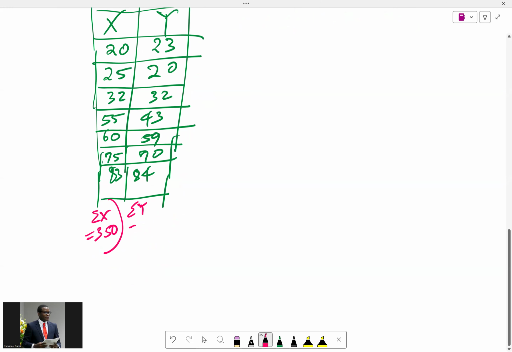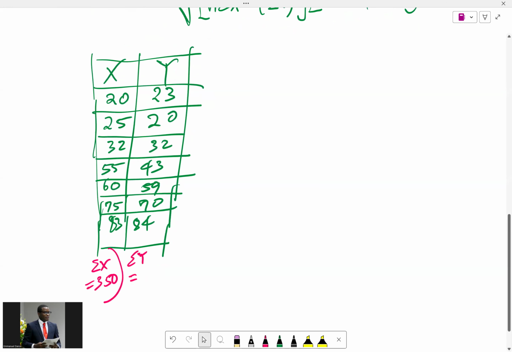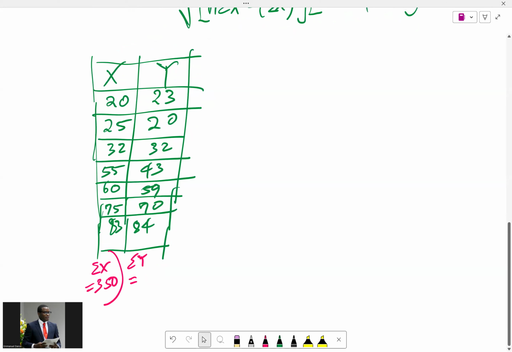Then summation y now, we need that too. That is 23 plus 20 plus 32 plus 43 plus 59 plus 70 plus 84. Then I check that again.